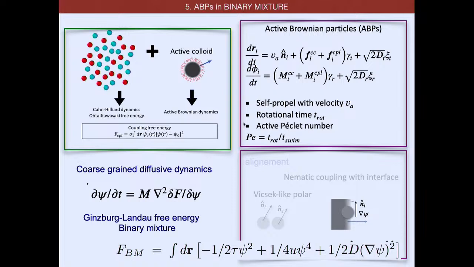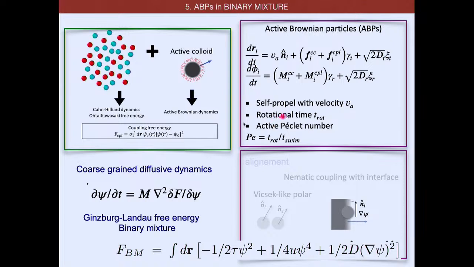And what we do is we solve this hybrid. We solve in a lattice this order parameter, which is a field, and this field that is moving is at the same time coupled to these particles that are moving around. The level of activity of these colloids: as I said, they self-propel at a given characteristic self-propelling velocity, and the inverse of the rotational diffusion is the time in which they lose the memory of the direction in which they are moving.